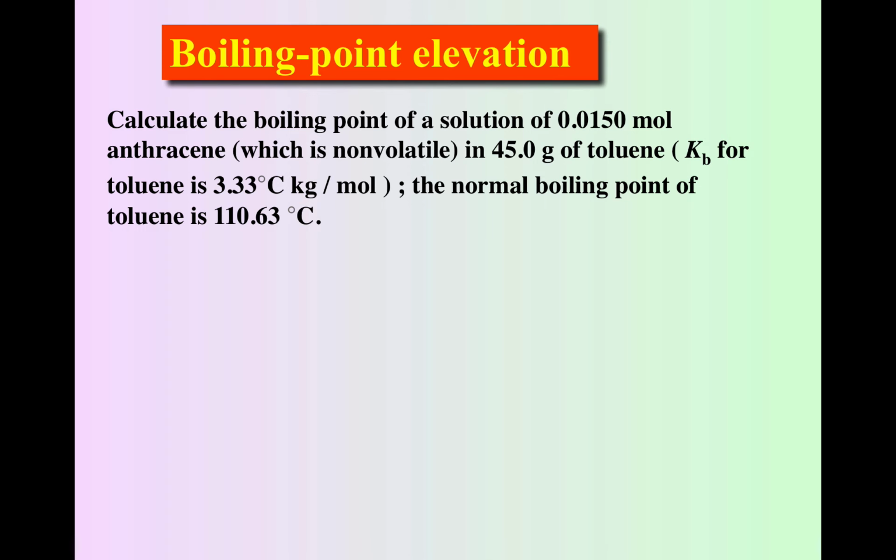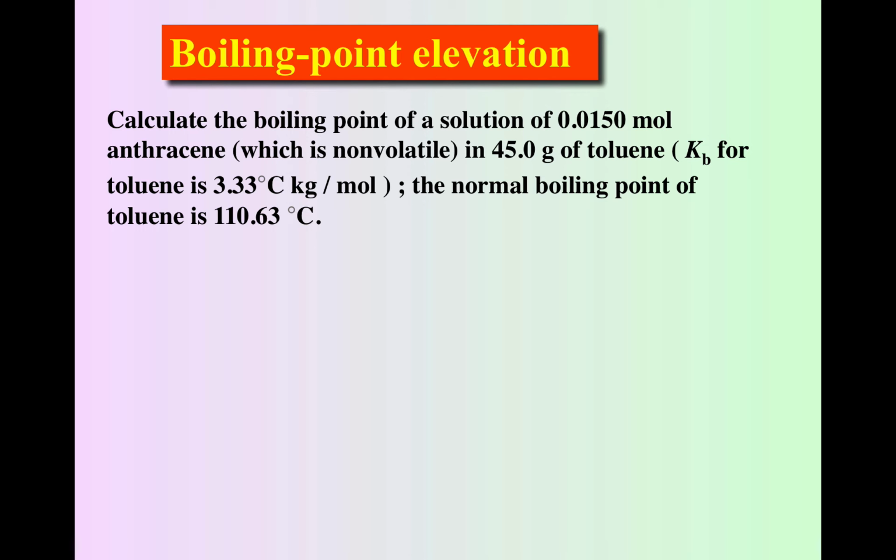All right, so this would be a typical problem. Calculate the boiling point of a solution where you've got 0.015 moles of non-volatile anthracene and 45 grams of toluene. The normal boiling point for toluene is 110.63 degrees Celsius.